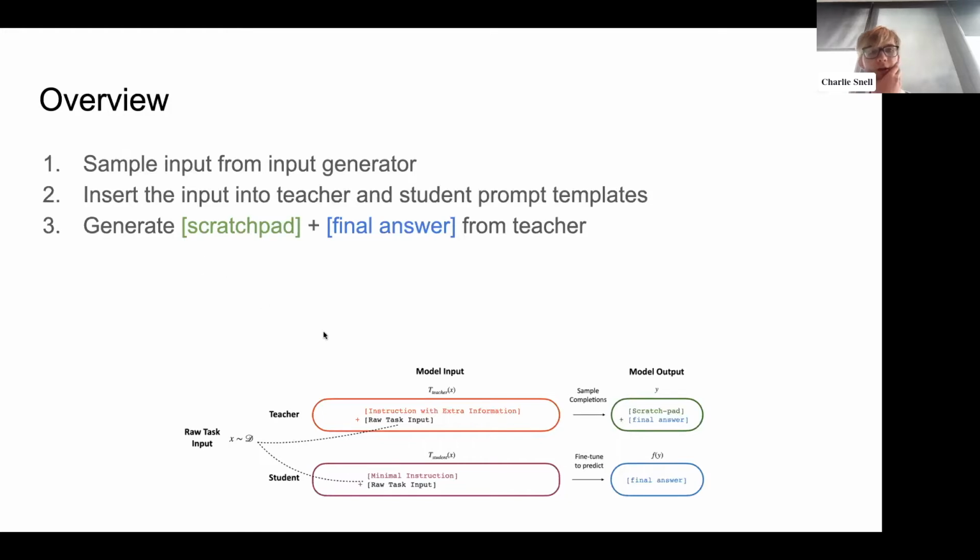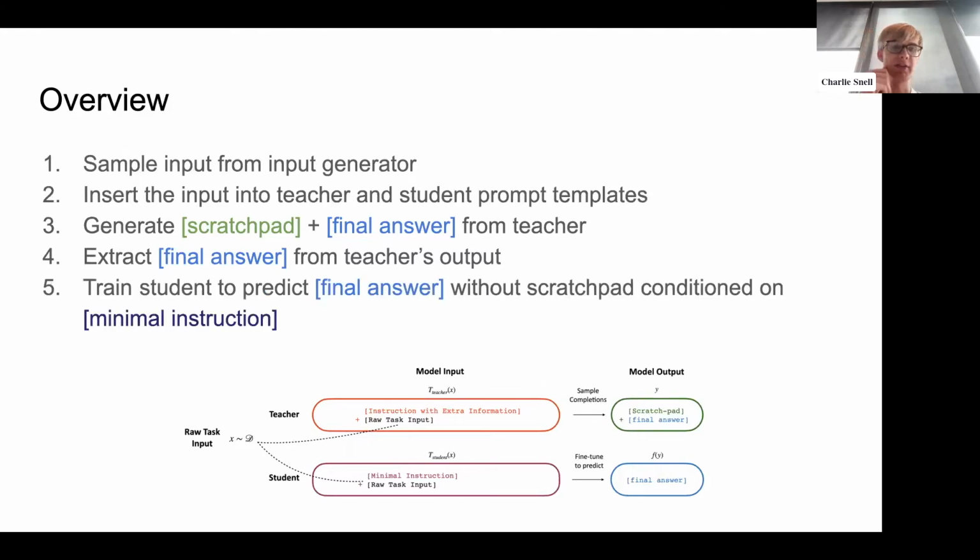Then from the teacher, you sample a scratch pad and final answer. Then you extract the final answer from the teacher's output, bypassing the scratch pad. And then you train a student to directly predict the final answer without the scratch pad, conditioned on this more minimal prompt. So that's the overview, and I'll go into a little more detail on each of these steps.